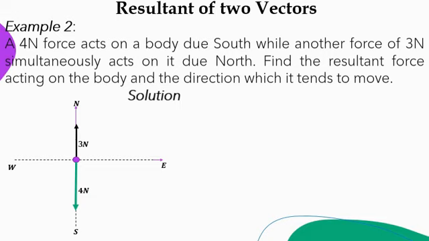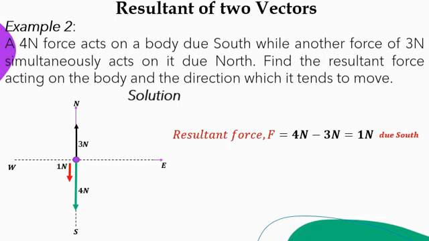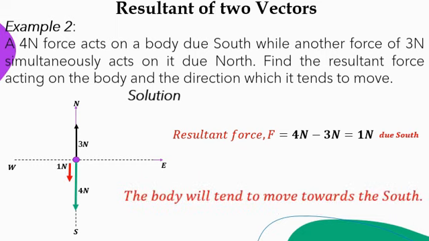Very simple. The resultant force is going to be 4 Newton minus 3 Newton, which will give us 1 Newton. So what is going to be the direction of the resultant force? It's going to be due south because the greater force is pointing towards the south. So this means that the body is going to tend to move towards the south.